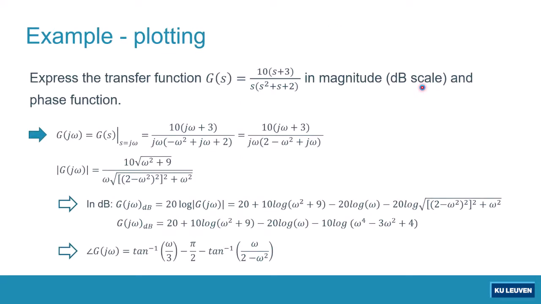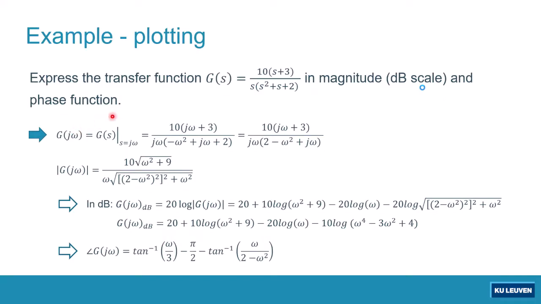For this typical system, I have a transfer function G(s) equal to 10(s plus 3) divided by s times (s squared plus s plus 2). So how do I plot the frequency response function for this system with this transfer function G(s)? The very first step, of course, I have to convert G(s) to G(j omega).